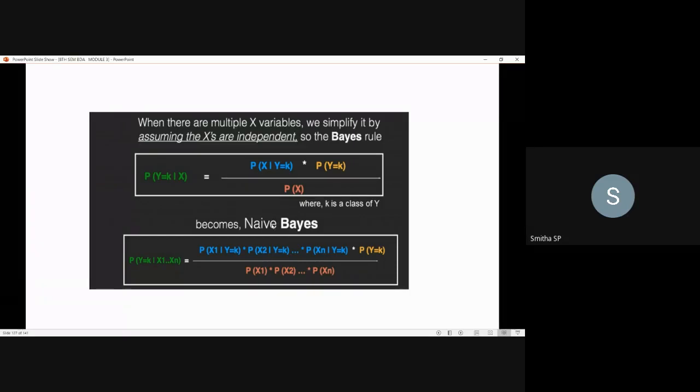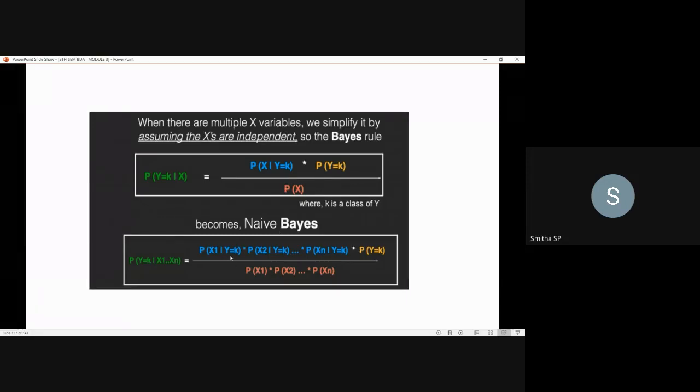So we go for making the x variables independent when you have multiple x variables, multiple features, and want to compute the probabilities. In that scenario you can have this naive Bayes rule by making those features, the x variables, independent.